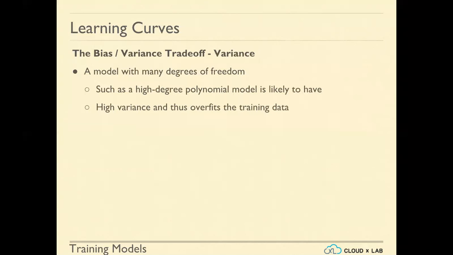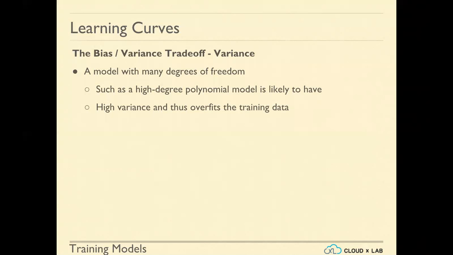Now, variance is because of many degrees of freedom. When you have a high degree polynomial, when you have many polynomial features in your model, there will be high variance.